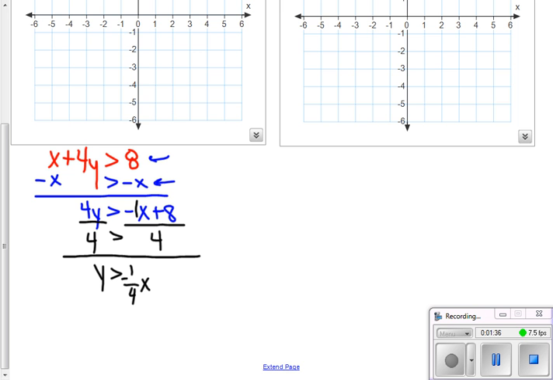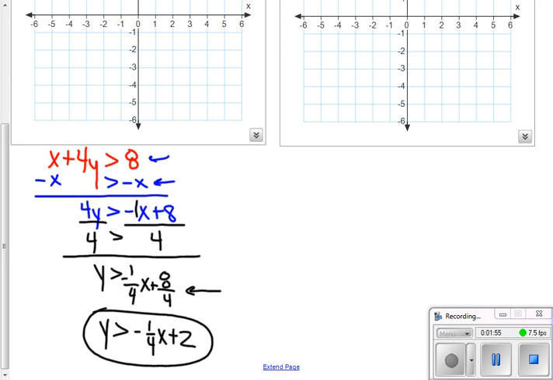And then I have positive 8 over 4. This reduces. So I'd have y is greater than negative 1/4 x, and then 8 over 4 reduces to 2.